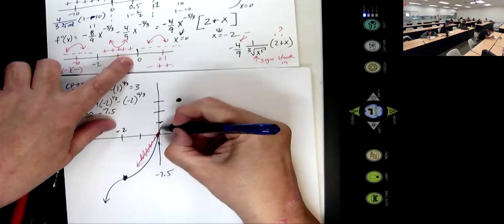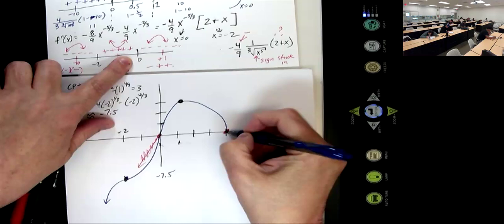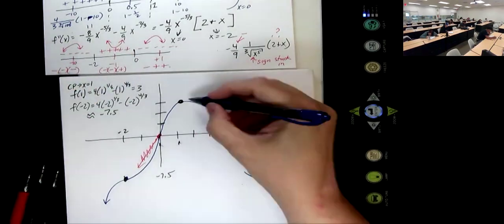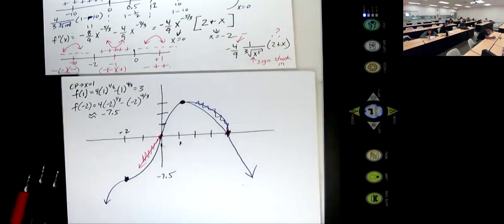We know it's gotta go up to 2 and come down, and do something like that. Probably a little more like that.